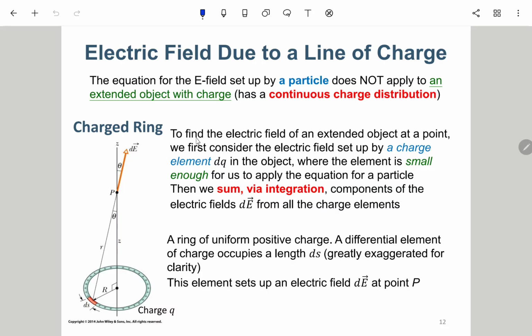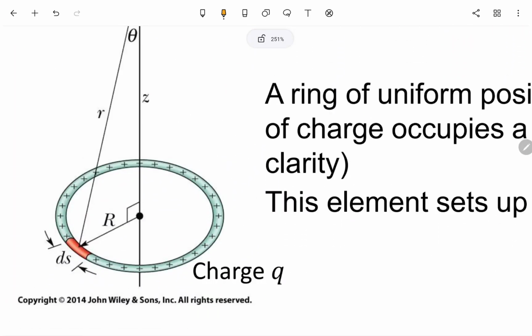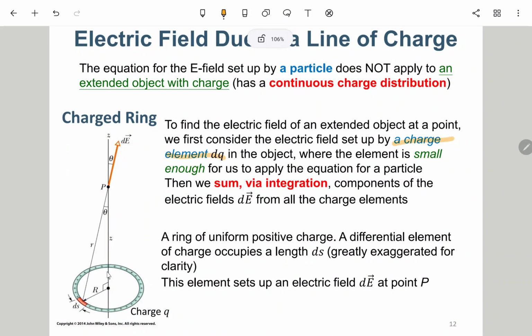To find the E field of an extended object at a point, we first consider the E field set up by a charge element, which means we cut this ring into many extremely small parts. Although these look quite long, it's just so you are able to see it. Let's assume this ds is infinitely short, and on this segment ds we have a small amount of charge dq.